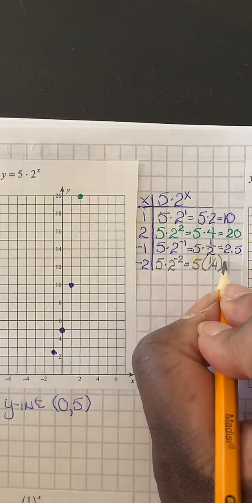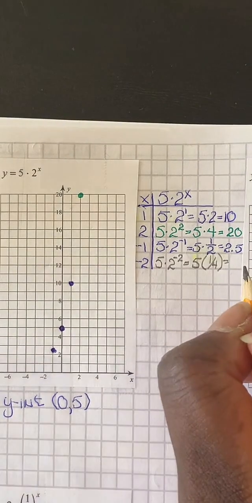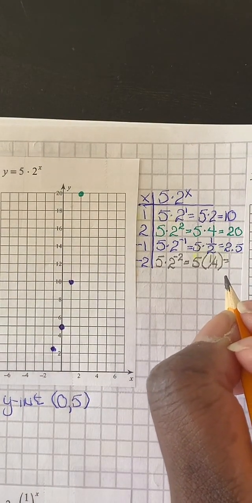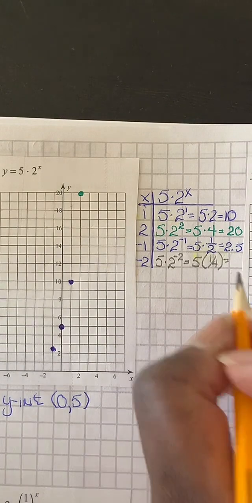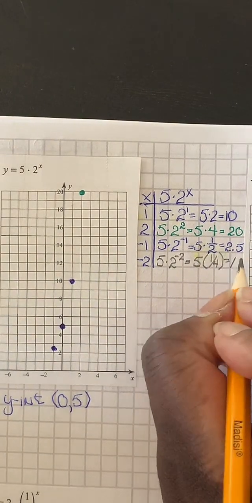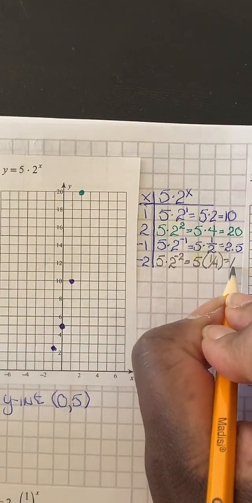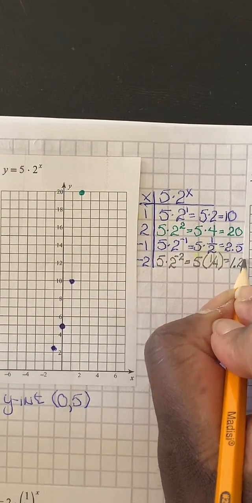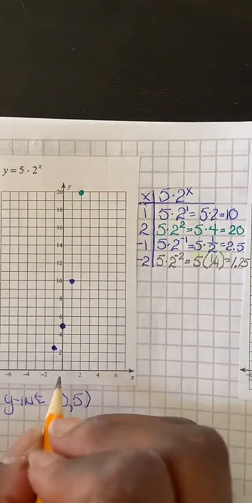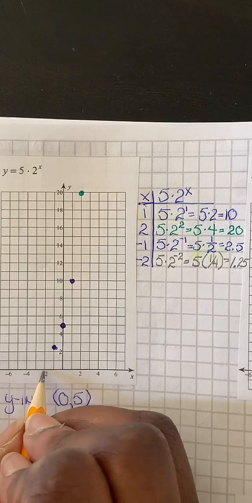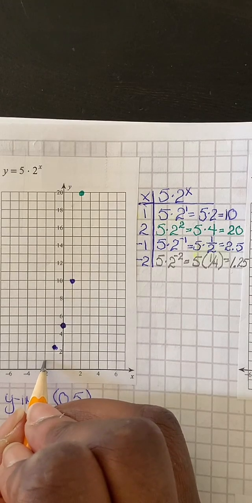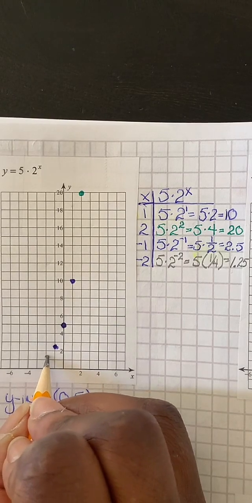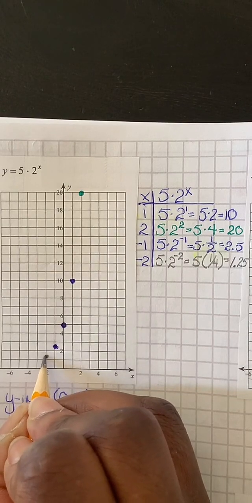So that means I have 5/4. Now 5/4 looks like it's getting smaller, which it is. I was trying to split a $5 bill 4 ways. That's $1.25. So for negative 2, we're at 1.25. It's about here.